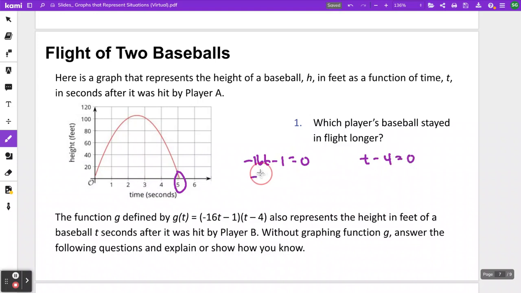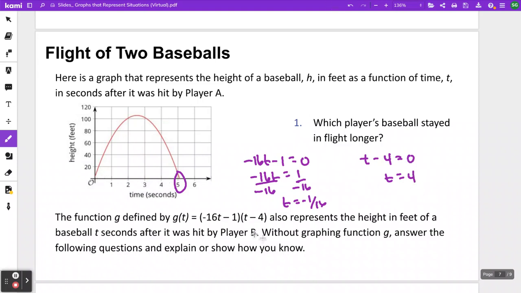If you solve the first one, you get an answer that does not make sense. I'm going to have a negative time, t equals negative 1/16. But the second one is also the easier one to solve. We get t equals 4. So that means the second player's baseball landed on the ground at 4 seconds.